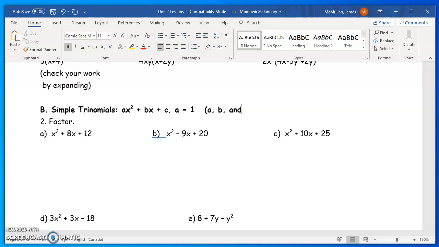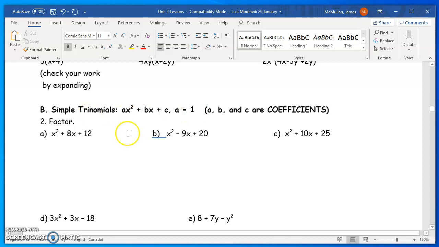A, b, and c are coefficients. They are not variables. Remember, x is the variable. A, B, and C are simply the numbers that are in your question. So A is the number that goes here at the front, B is the number that goes with X, including this sign here, and C is this number, including the sign here, positive or negative.